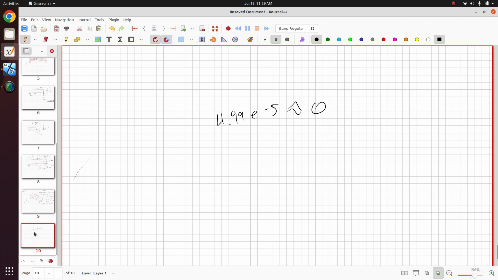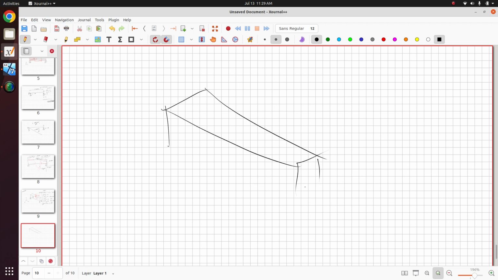So what I'm going to do next is the following. So this is going to be the same beam, but this is what we're going to do. We're going to still have some rollers here, but we're going to create some pins here. So in order to create a pin, what do we do?